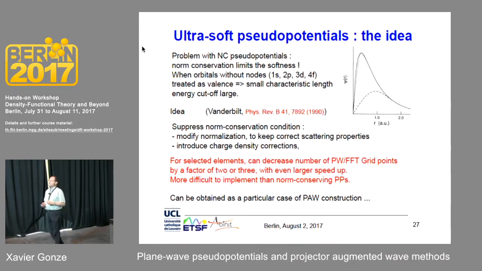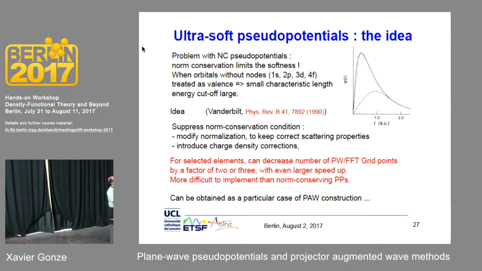What was done? Well, something quite clever. The normalization has been changed, but in a way to enforce correct scattering properties. Somehow, if electrons hit this ultra-soft pseudopotential, they will act as if it were the true potential, so the diffusion will be correct. And also, one has to introduce a charge density correction.